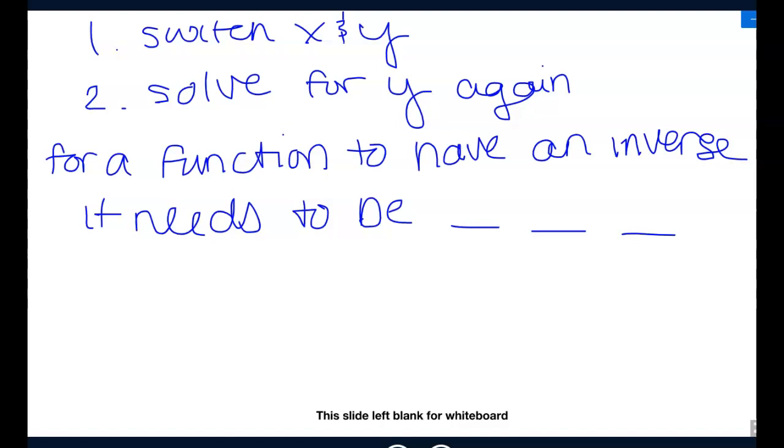Odd sometimes doesn't have to be odd, though. It can be odd or what? It has to be 1 to 1.